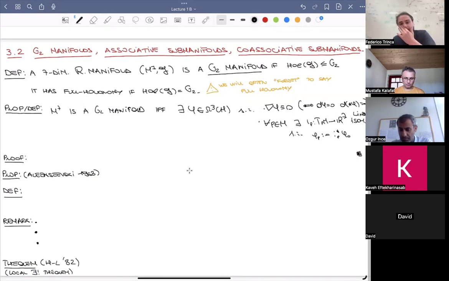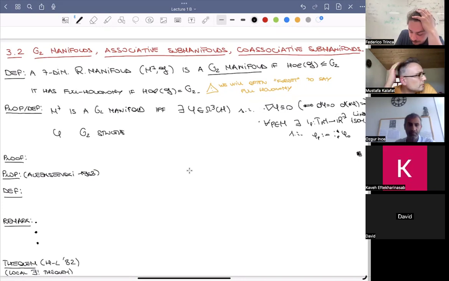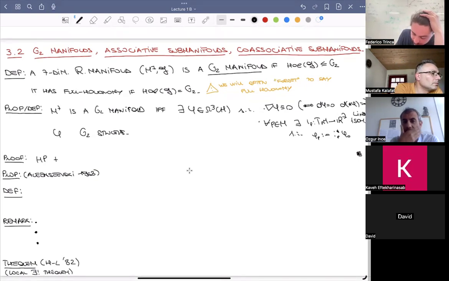So if I can identify the tangent space with my linear model that I told you before, phi is called the G2 structure. The proof is a consequence of the holonomy principle, plus the fact that G2 is determined by phi, and this was done in the linear algebra part before.